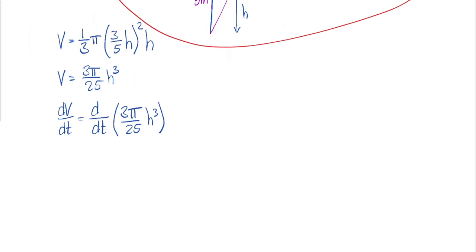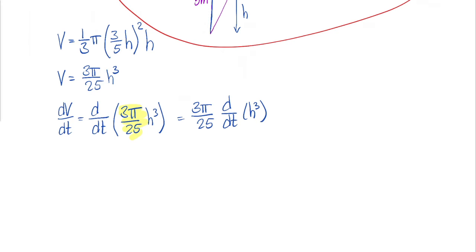We can isolate the constant here, or we can pull it outside the derivative. So we'll end up only differentiating h cubed.